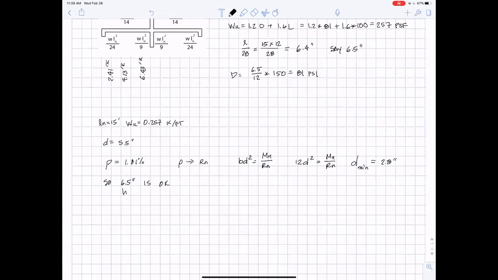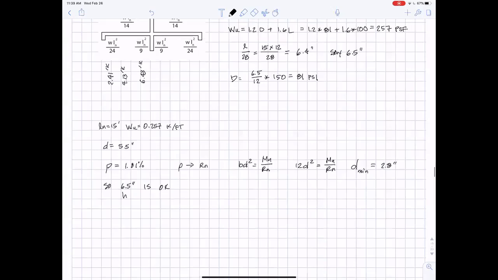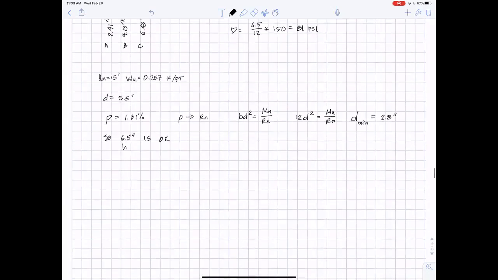Okay, so let's continue. What we need to do for each of these cases is find out the area of steel. I'm going to call these A, B, and C, and I'm going to save some time by doing this in columns A, B, and C. So MU is 2.41 foot kips, 4.13 foot kips, and 6.43 foot kips.